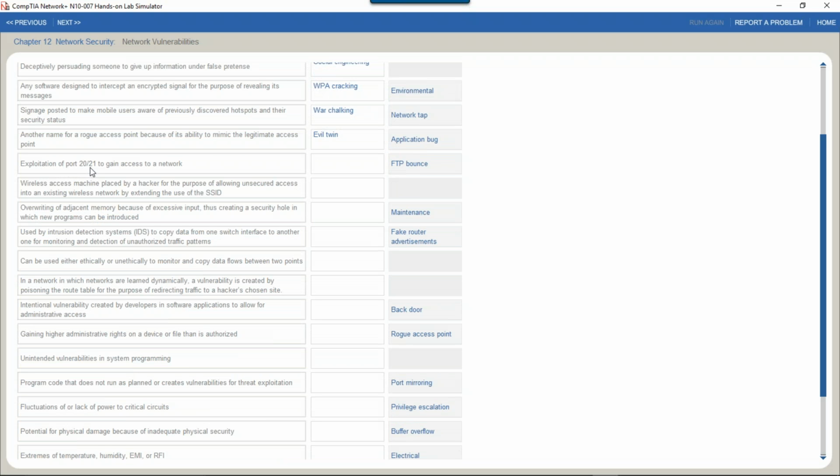Exploitation of port 20 or port 21 to gain access to a network. So by Security Plus, this one should be easy. By the time you get here, you just need to know which protocol is operating on port 20 and 21, right?